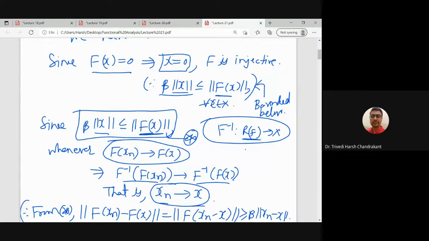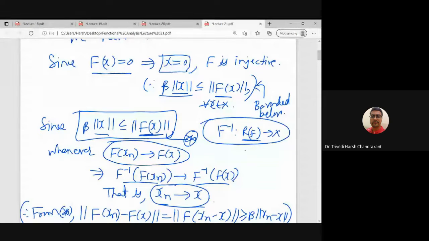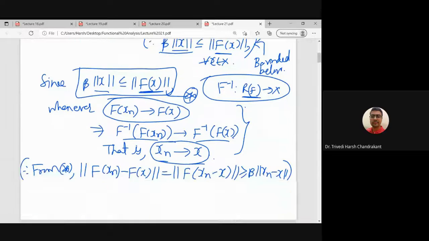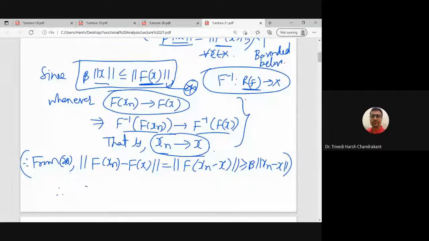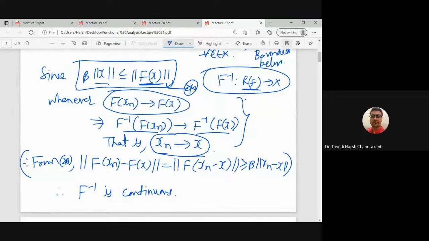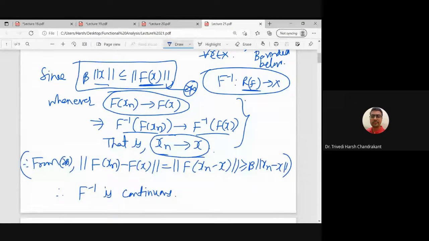This is the reason this condition is satisfied, and that is essentially the proof that f inverse is continuous. So we have verified the continuity condition for f inverse in terms of sequences.